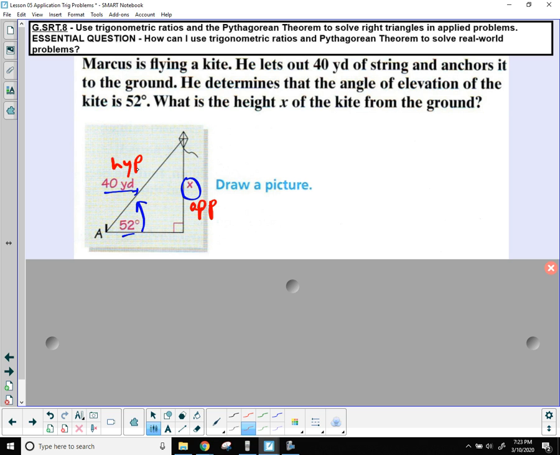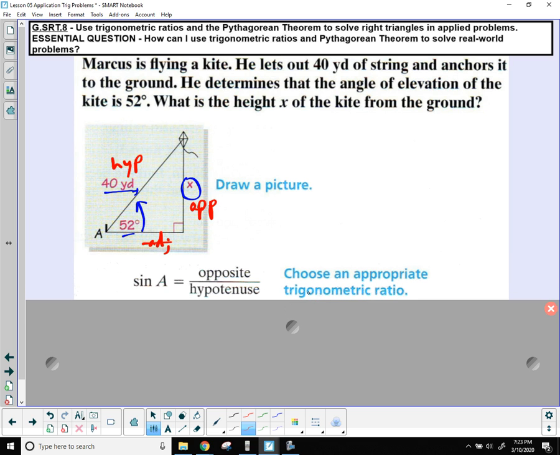This would be the adjacent, but we're not looking for it, and they didn't give us any measurements for it, so we're just going to ignore it for right now. This is when you ask yourself, what trig function incorporates opposite and hypotenuse? That's right, sine.